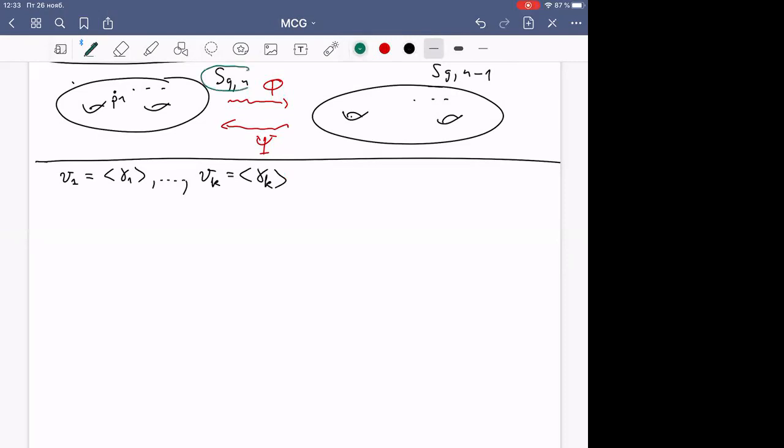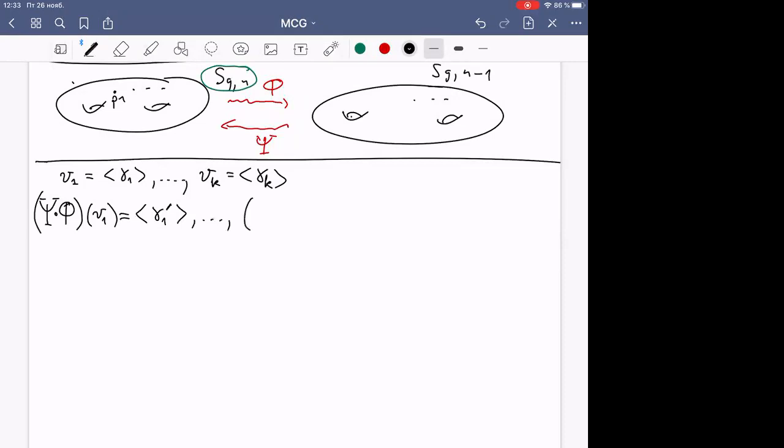Now I consider a metric here. So these gamma 1, gamma k are geodesics in the metric on the surface with n punctures. But now to every such vertex we can apply phi and then psi, and generally we get another vertex. We may get the same vertex, but sometimes we get another vertex, and we again may represent it by geodesics.